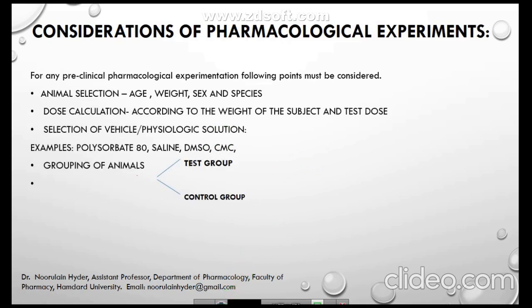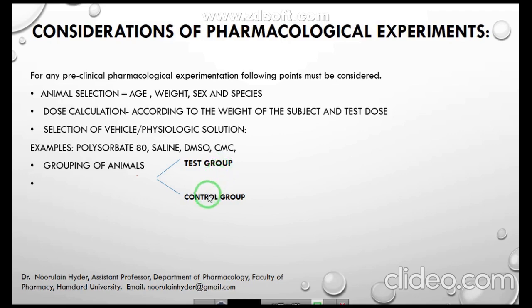The grouping of animals. Animals should be divided into two major groups before starting of any pharmacological activity. That is the test group. It is the group of animal in which test dose of the test drug is given. Test drug is the drug which we want to test.